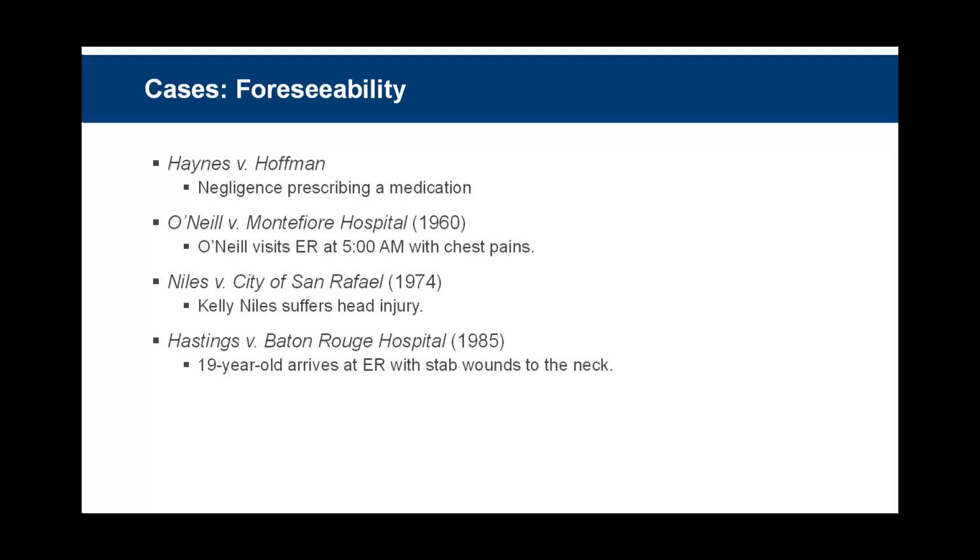In this medical malpractice action, the plaintiff alleged that the defendant physician was negligent in prescribing a medication that caused an allergic reaction. However, the trial court ruled in favor of the defendant because the plaintiff had failed to disclose her history of allergies.